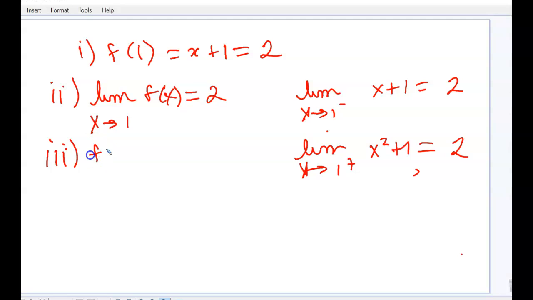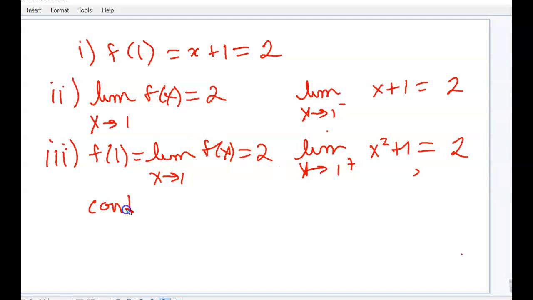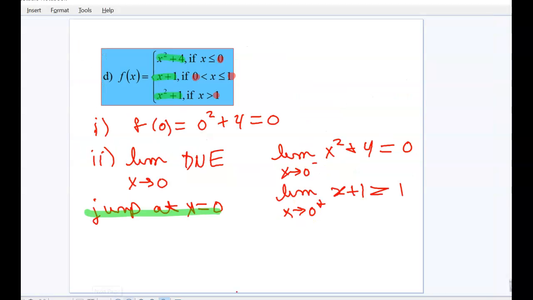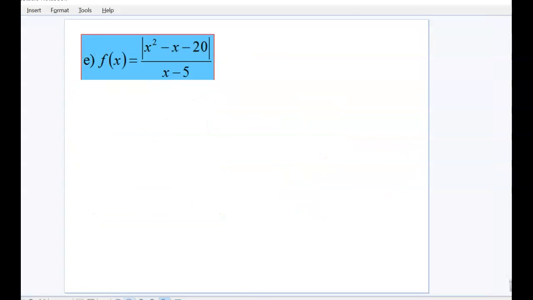And since f of 1 equals the limit as x approaches 1 of the function equals 2, therefore it is continuous at x equals 1. So therefore, I really only have one discontinuity, and that only discontinuity is at 0, and it's a jump discontinuity. Okay, one of the last examples is we're dealing with an absolute value.